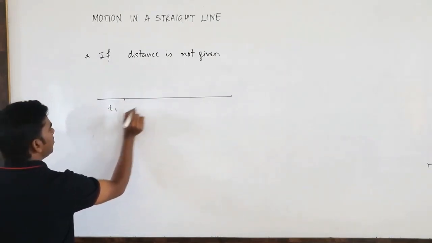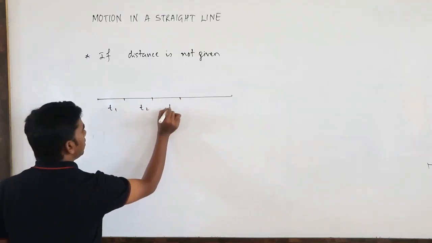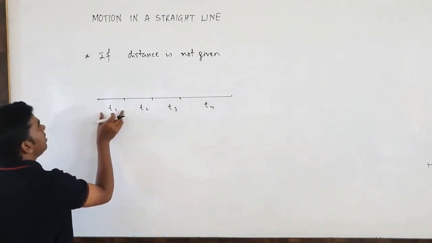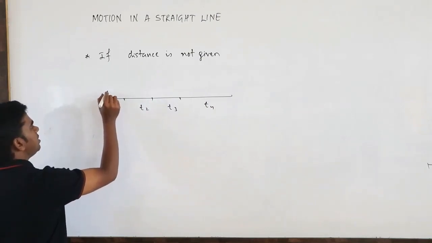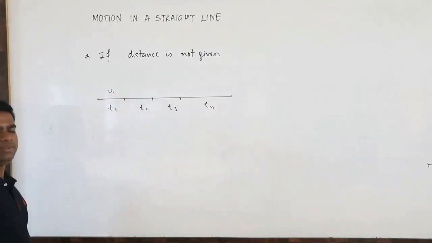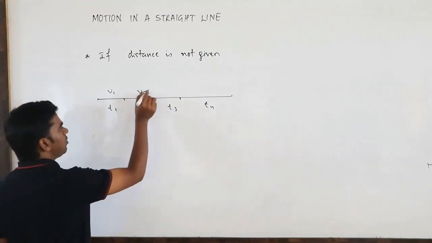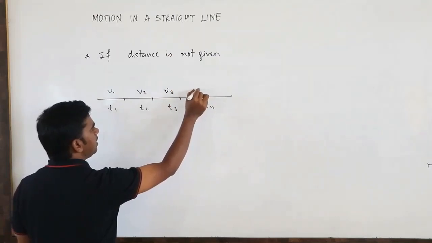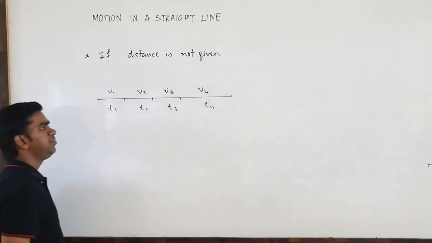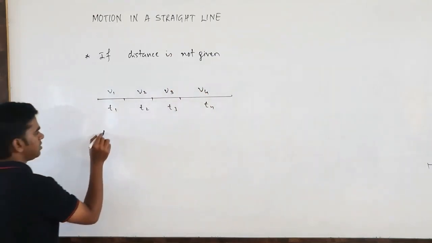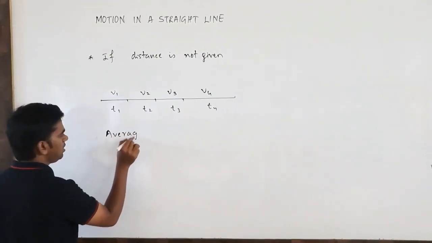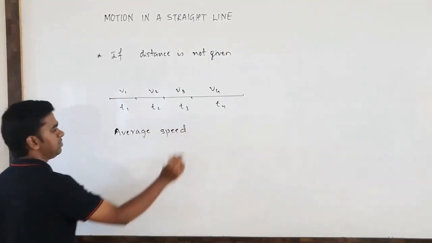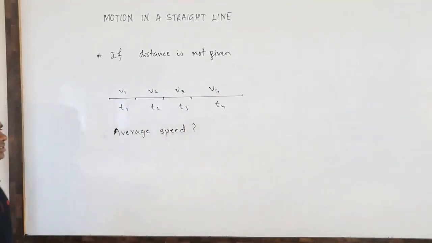In time t1, t2, t3, t4, instead of giving the distance, they give that it is traveling with a velocity v1 in time t1, with velocity v2 in time t2, with velocity v3 in time t3, and with velocity v4 in time t4. Now if they ask what is the average speed, how can we calculate? Simple.